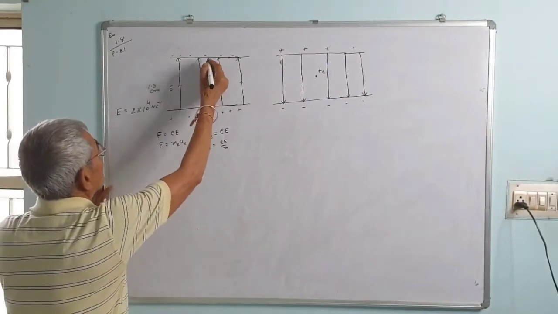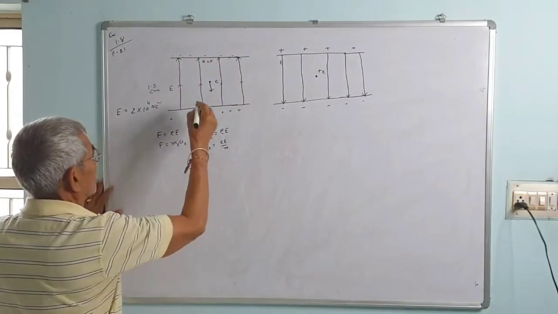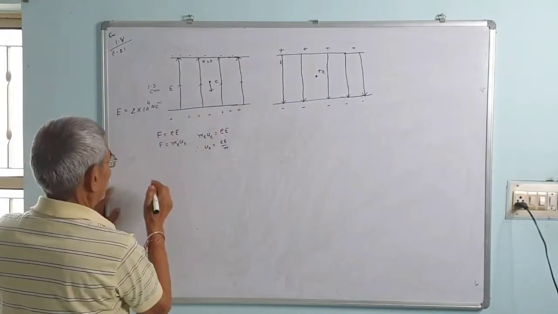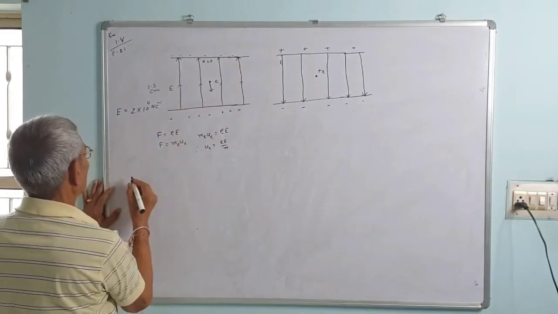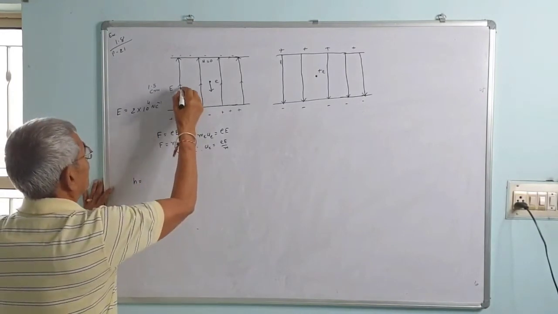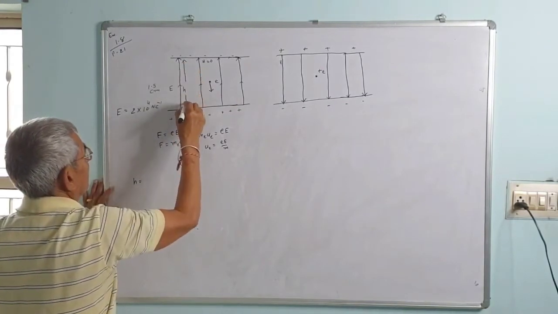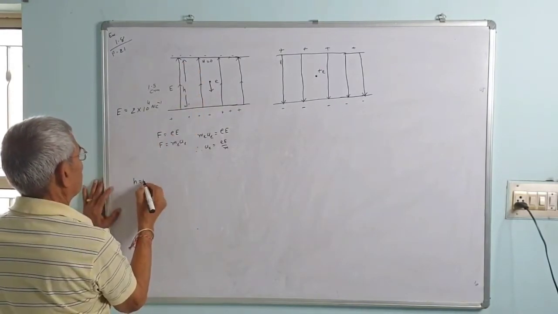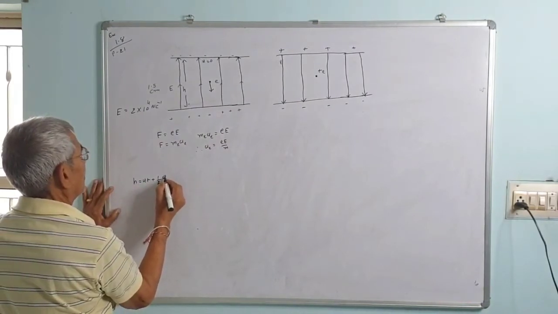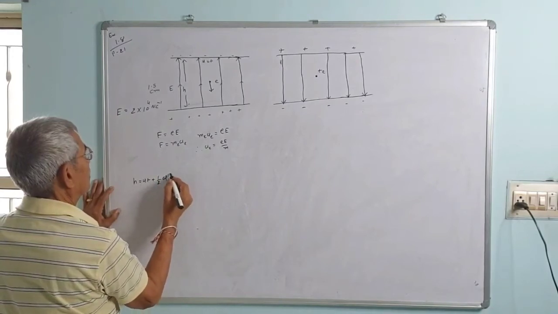Now it falls. Suppose the initial velocity of the electron is 0 and the final velocity is v. Then from the equation of motion, if it falls through a distance, say height h, then h is equal to ut plus half a_e t square.